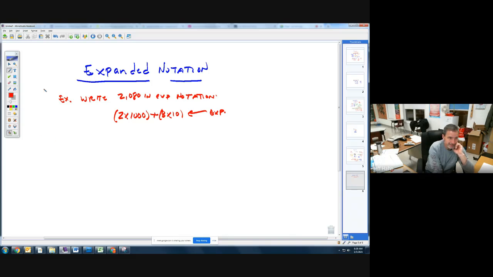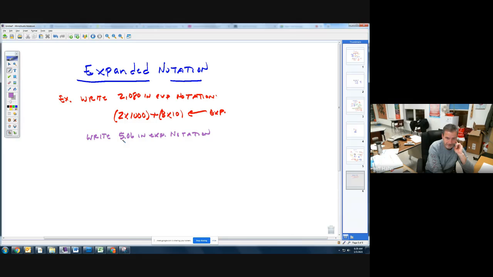Well, we're going to do that same thing, except now we are going to look at what happens when we have some decimals there. For example, if the directions said to write 5.06 in expanded notation. Okay, what you have to remember is the decimal place values.